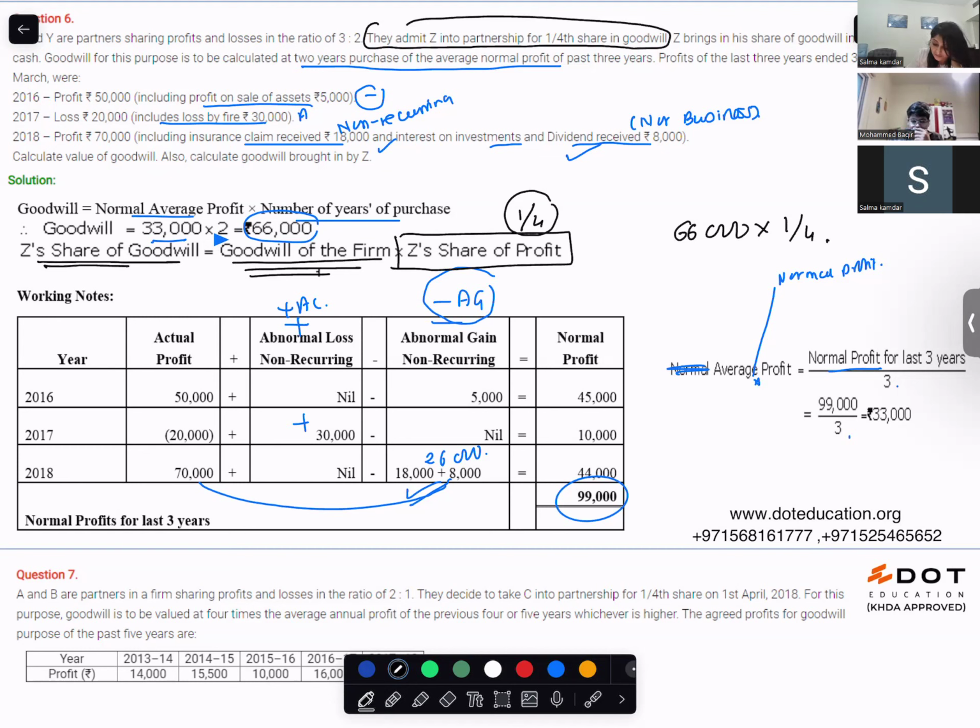So Z's share of goodwill will be 66,000 divided by 4. So how much does it come up to? Check. 16,500. So Z's share of goodwill is 16,500.